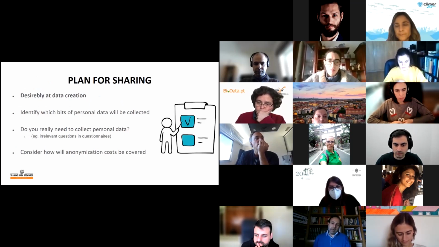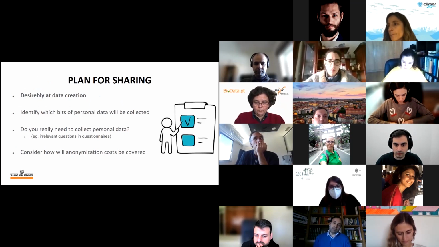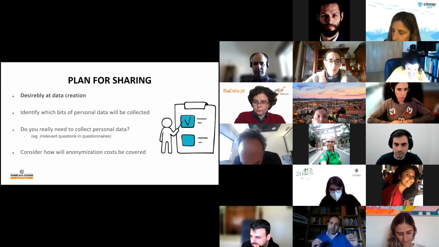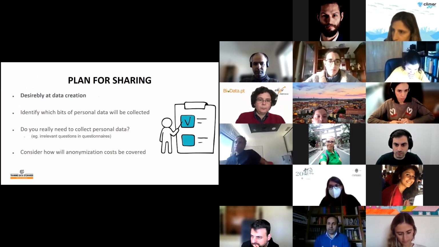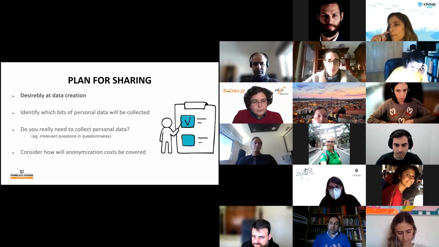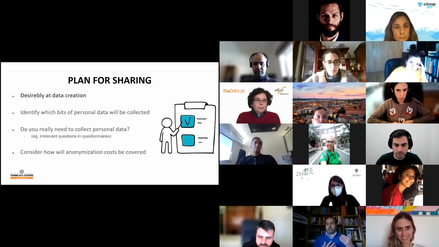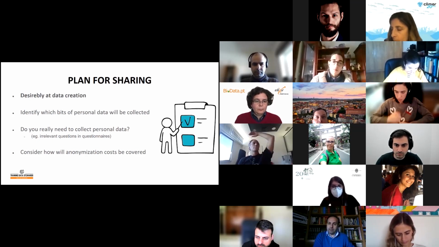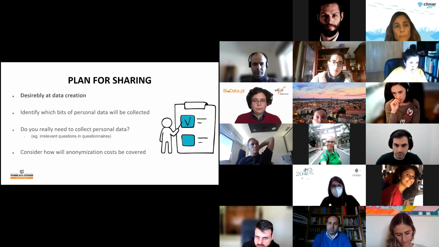And as I stated in the beginning of this introductory part, it may be a little bit complicated to cover the whole data management life cycle, but it's important to consider that we need to have a plan for sharing that includes decisions already in the process of creating the data, in planning my research project, or at the part of publishing directly in the repository.